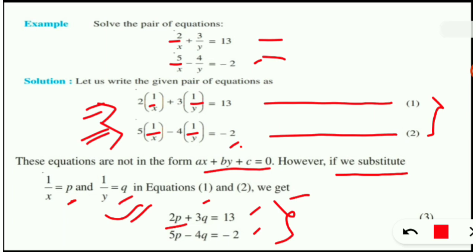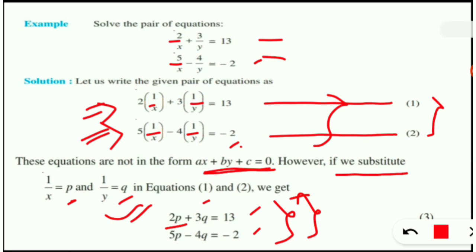Now these two equations are linear because they are of the form ax plus by plus c equals 0. Clear? So these earlier equations are not linear, but these two equations are linear. That means we reduce equation 1 and equation 2 into linear equations in two variables p and q.